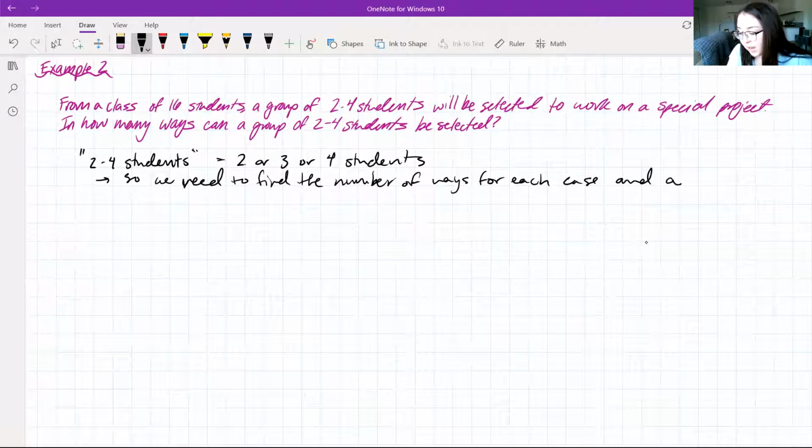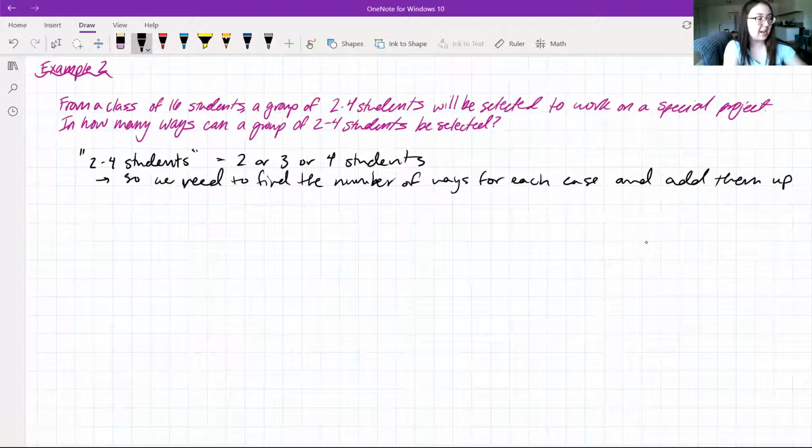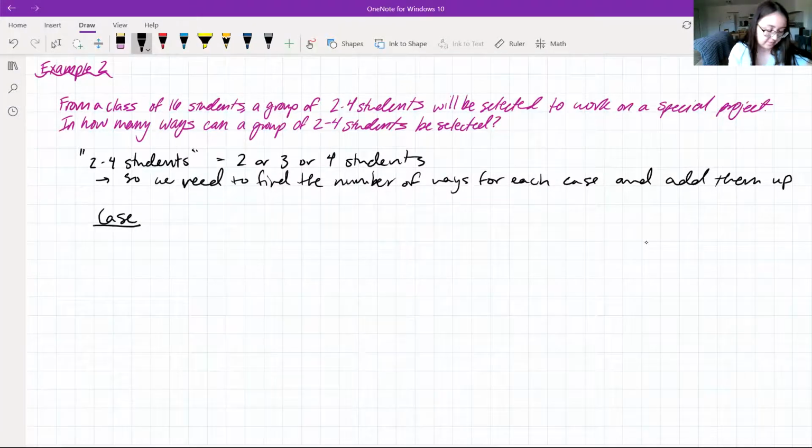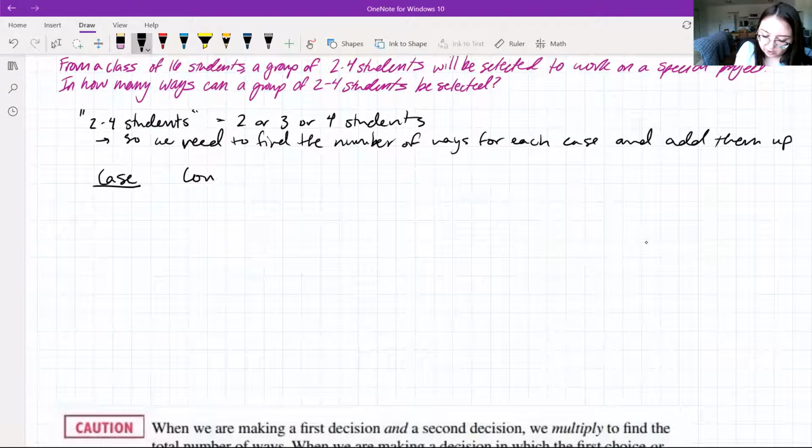And then we're going to add them all up once we find the different combinations in which we can have 2 or 3 or 4 students. So we're going to see here our case, and then our combination.